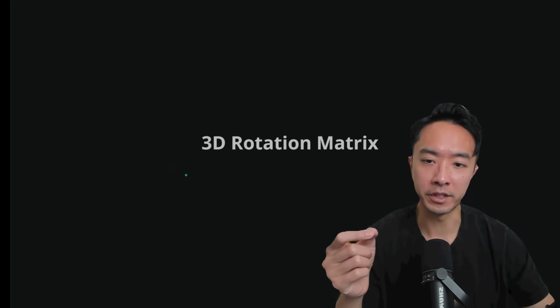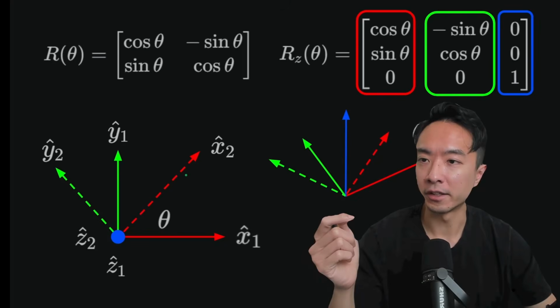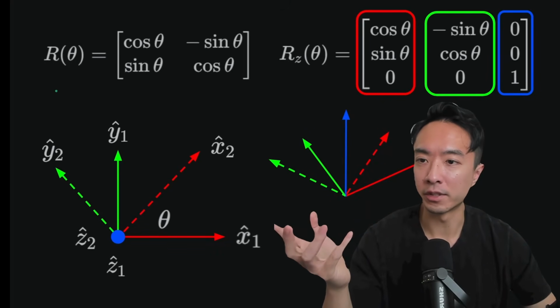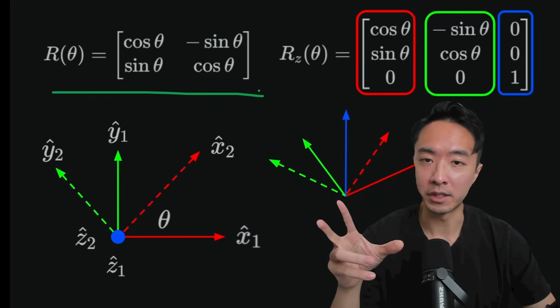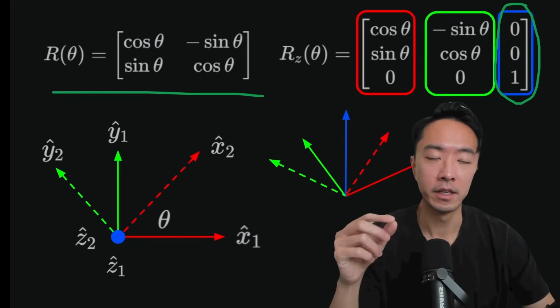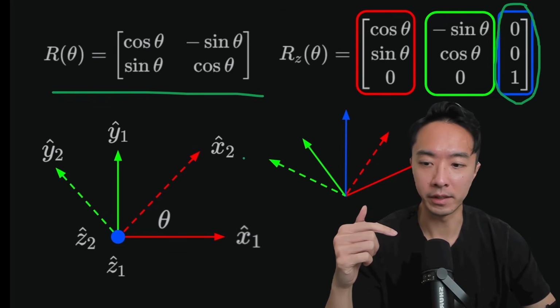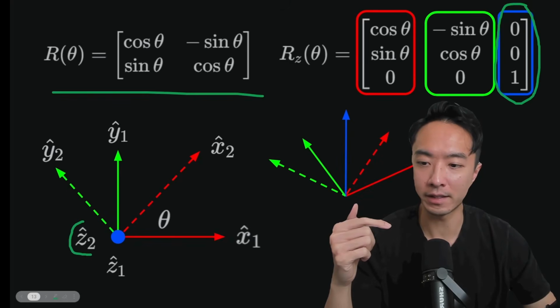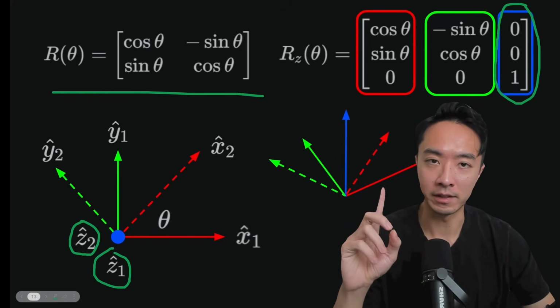Now for the 3D rotation matrix, let's see what that's all about. So if we look here, this is our 2D rotation matrix, which we've derived. The 3D rotation matrix introduces one more component. This one right here is the Z component. So in this specific case, it's going to be 0, 0, 1, because we find that the two Z axes for the two frames are actually the same axis.